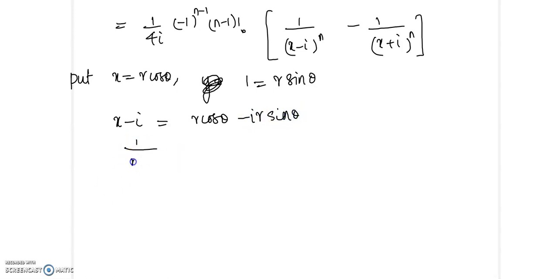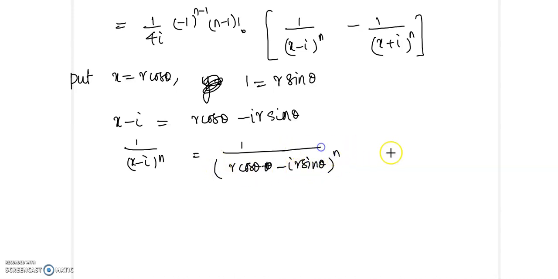So 1 by (x minus i) whole raised to n will be 1 by (r cos theta minus i r sin theta) whole raised to n. So this will be 1 by r raised to n, so we will get cos n theta.